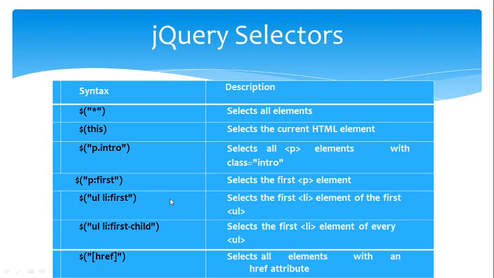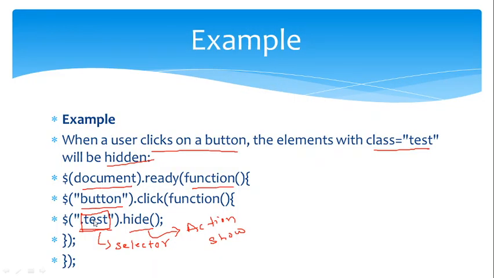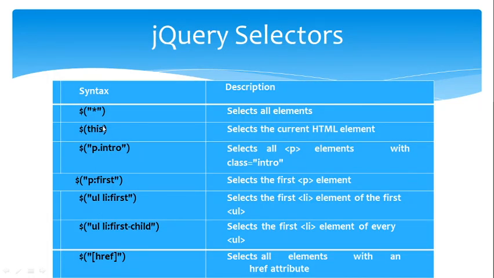Now the next jQuery selector. In place of the selector, whatever you are writing, in place of that you need to write the star. If you write star, what will happen?